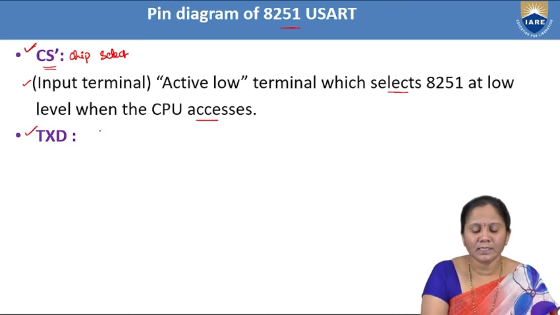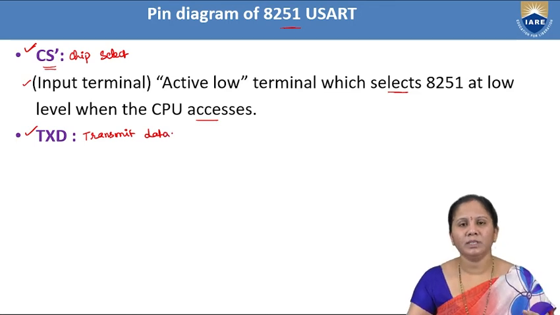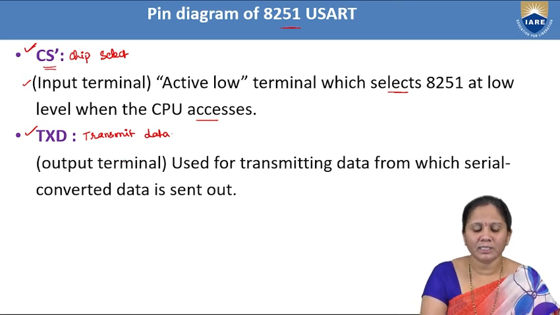And the next signal is TXD. TXD stands for transmit data. Using this signal, the data will be transmitted. Whatever data it is transmitting will be in the form of serial data only. So this TXD signal is considered as the output terminal.